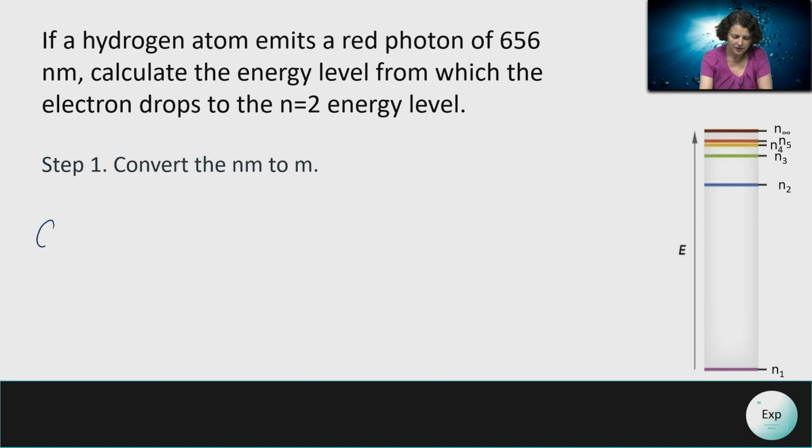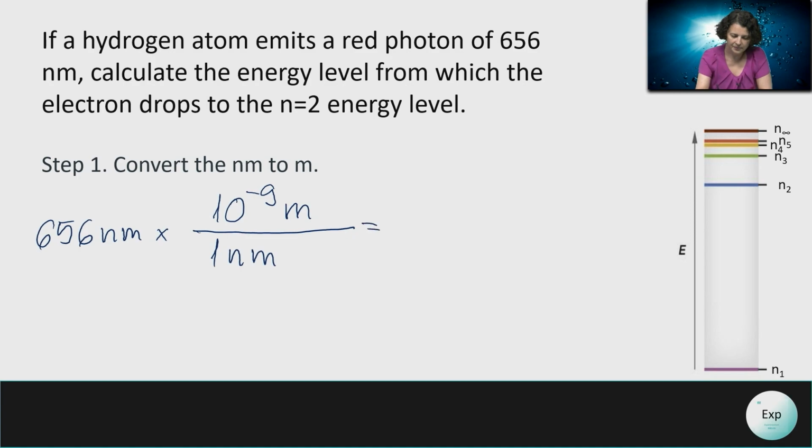Here we start with the 656 nanometers and we use our prefix conversion factor. On the bottom, we place a 1 nanometer, and on the top, we have 10 to the negative 9th meters. This will result in 6.56 times 10 to the negative 7th meters.